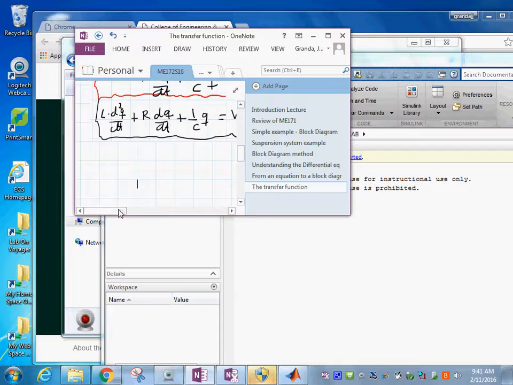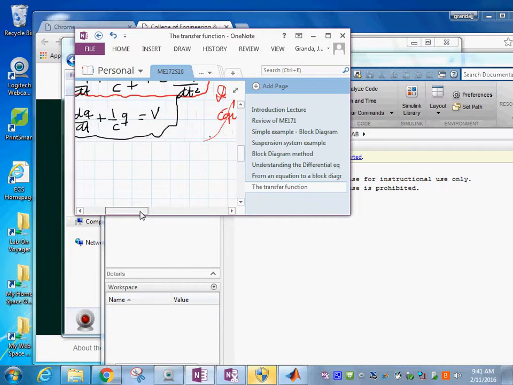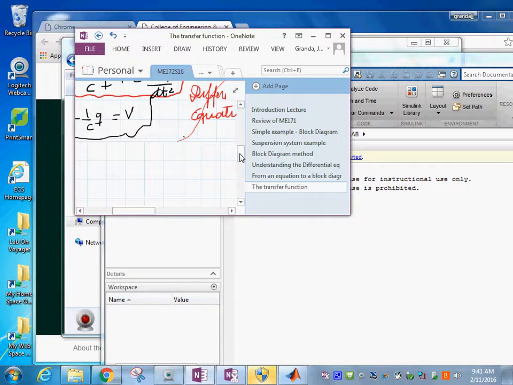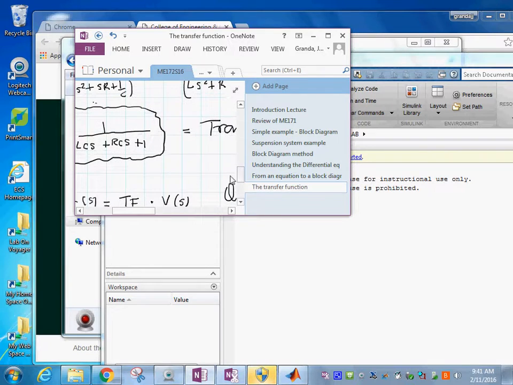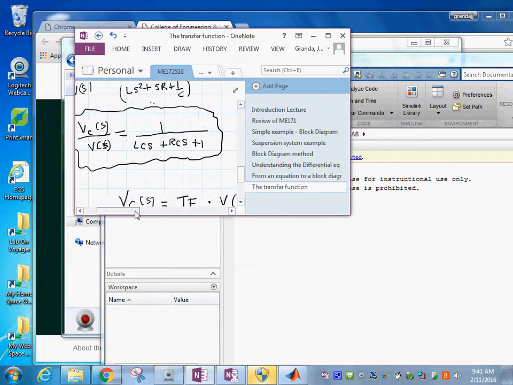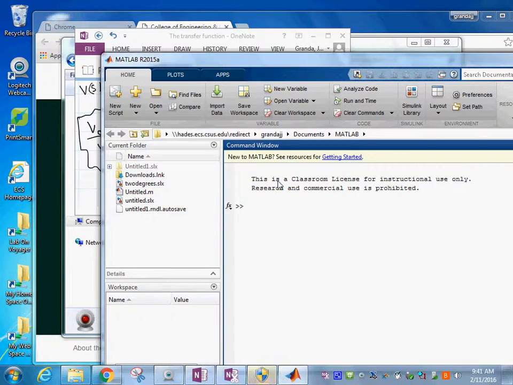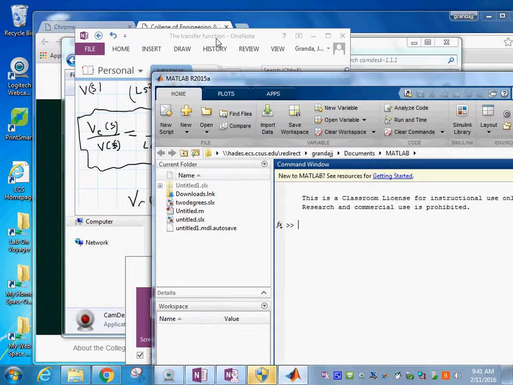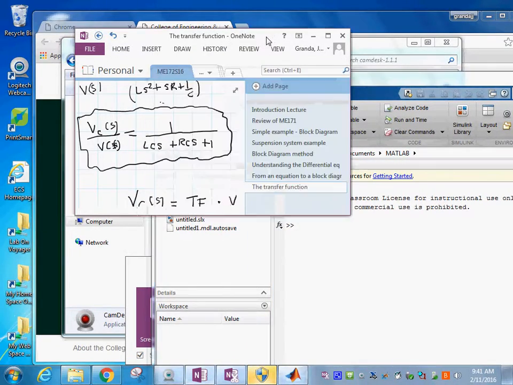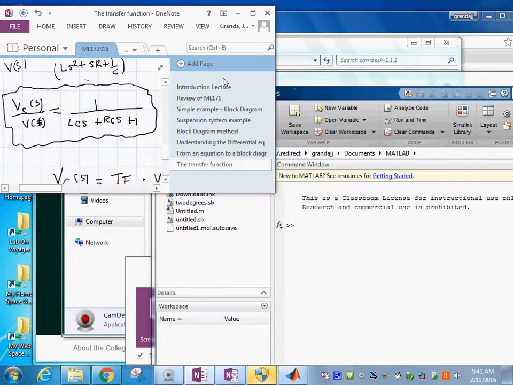You have a numerator and a denominator, because the transfer function is always a fraction.